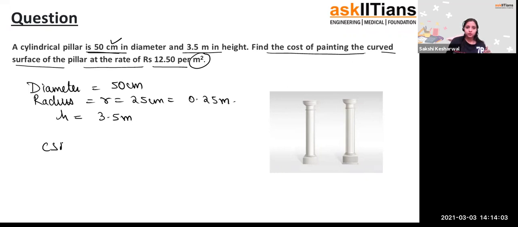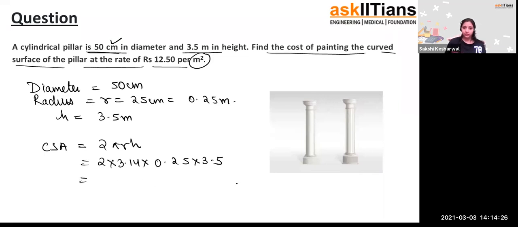So CSA is equal to 2 pi R H. Depending on the pi value, you can take any pi value, nobody asks you. You can take 3.14 or whatever. So this is 2 into 3.14, R is equal to 0.25 and H is equal to 3.5.